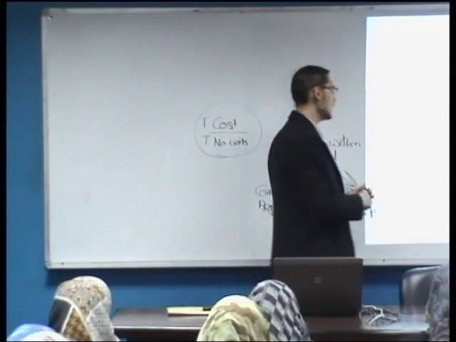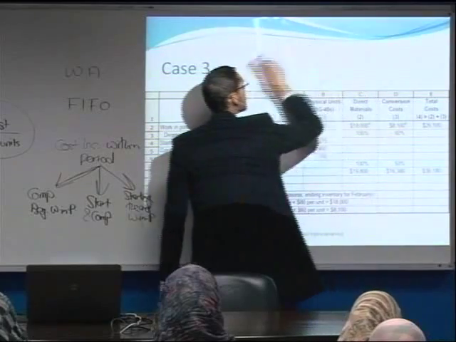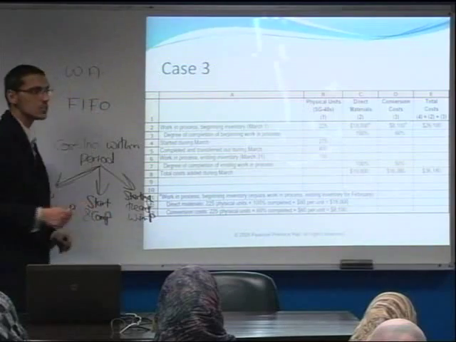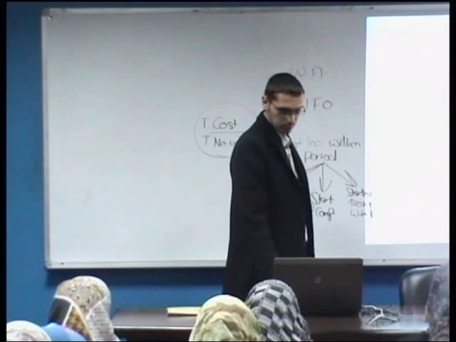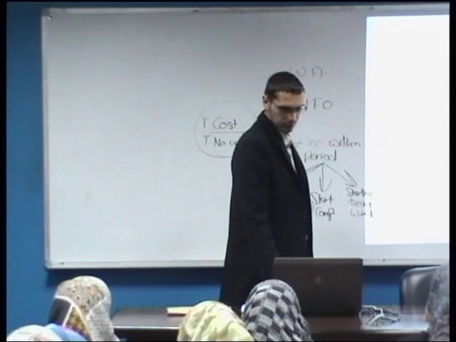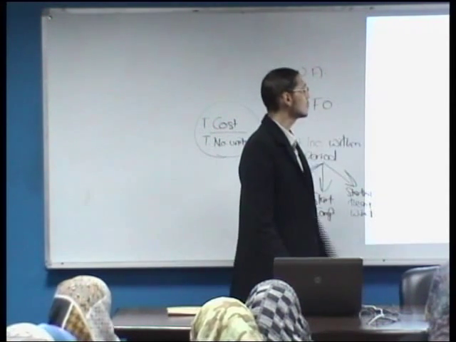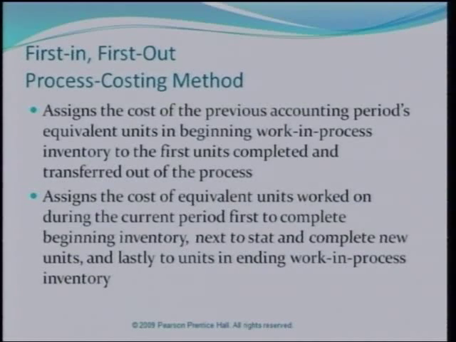Let us now see how we are going to apply the 5-step procedure if we are using the first in, first out method. Of course, according to the first in, first out method, process costing assigns the cost of the previous accounting period's equivalent units in the beginning work in process inventory to the first units completed and transferred out of the process.